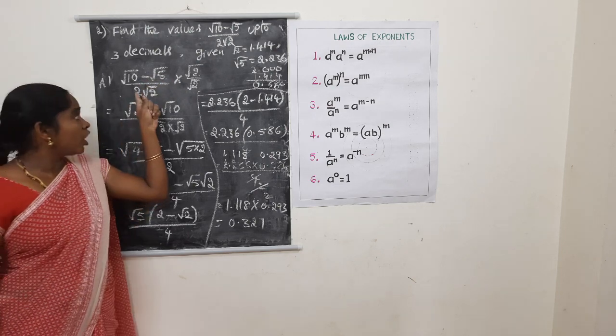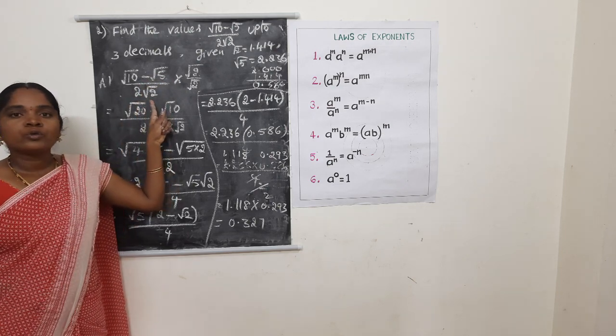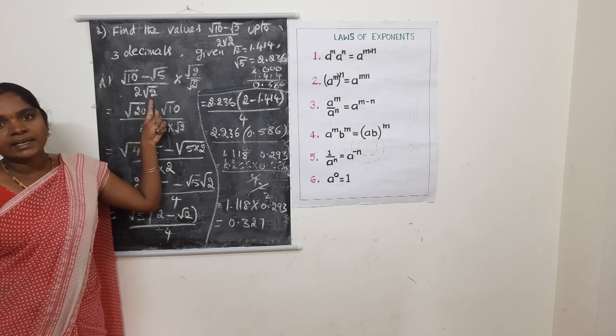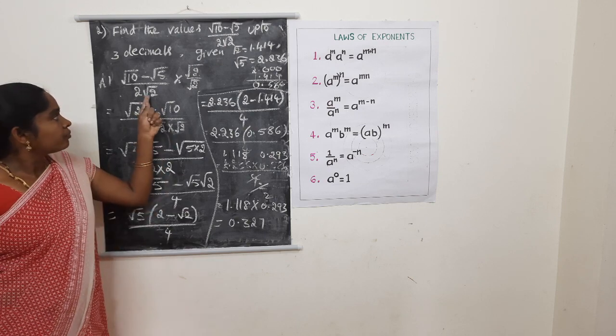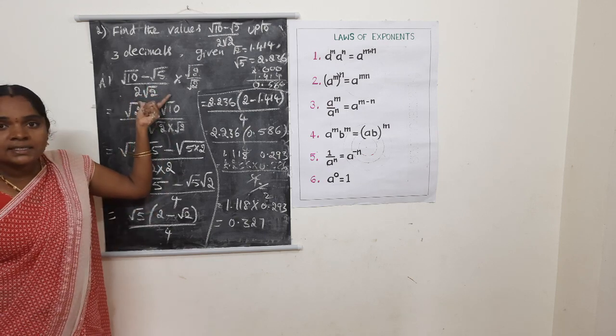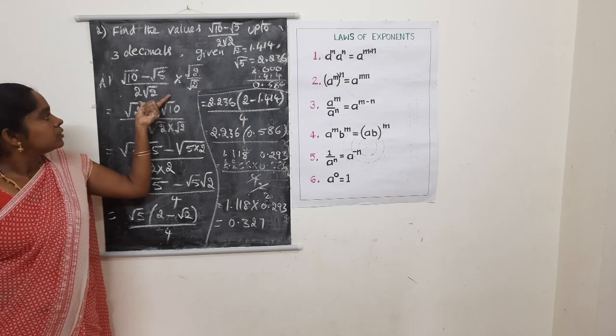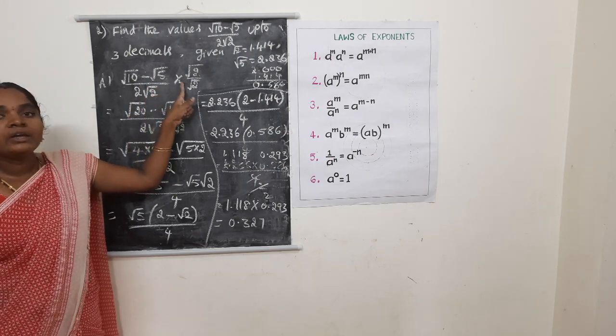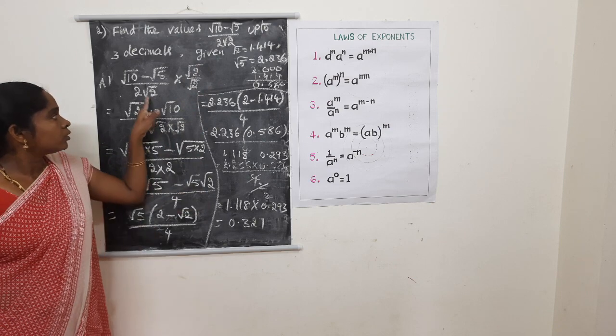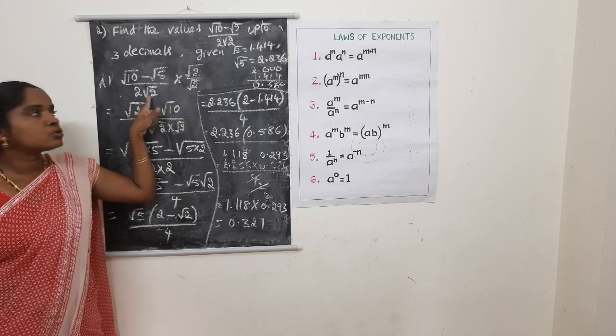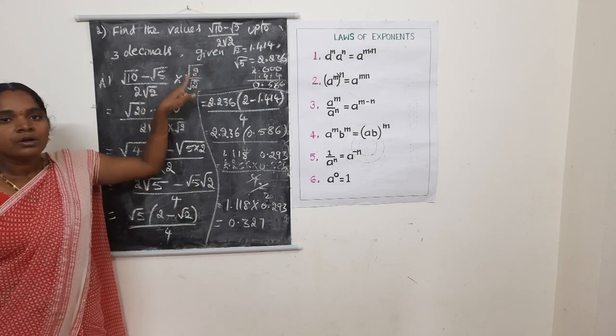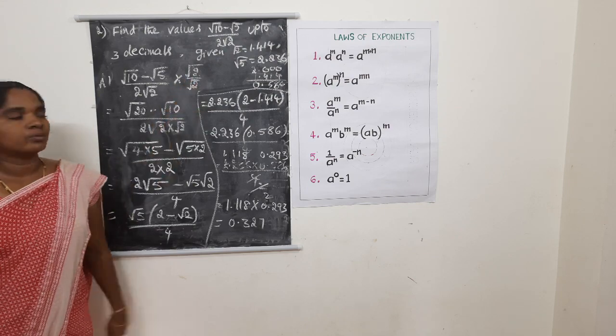Students, in the denominator we have root 2, which is an irrational number. So how to rationalize this irrational number? We need to multiply with the same number, root 2 by root 2.